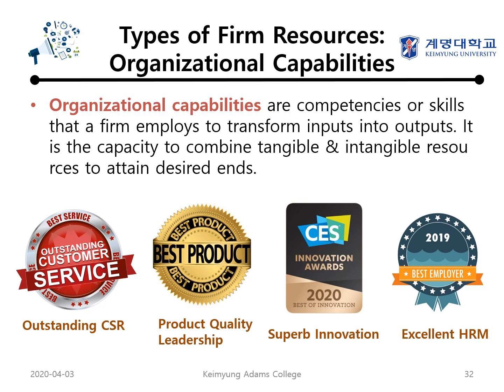For example, they have outstanding customer service, excellent product development capabilities, superb innovation processes and flexibility in manufacturing processes. And lastly, they have the ability to hire, motivate, and retain human capital.